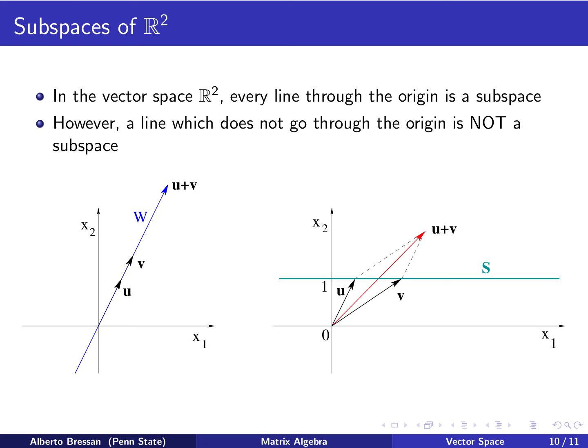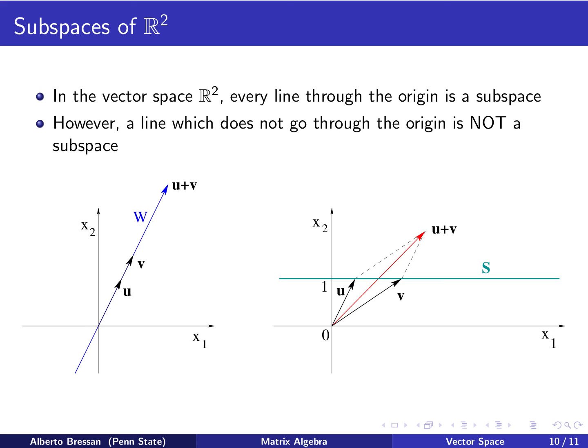Let's look at R2, and there are some observations about subspaces. In the vector space R2, every line through the origin is a subspace. We have a graph here, so let's draw the coordinates x1 and x2, and we consider all the points on a line through the origin.